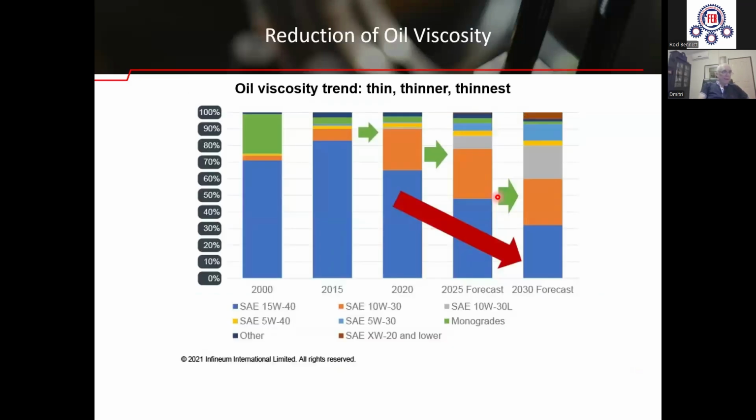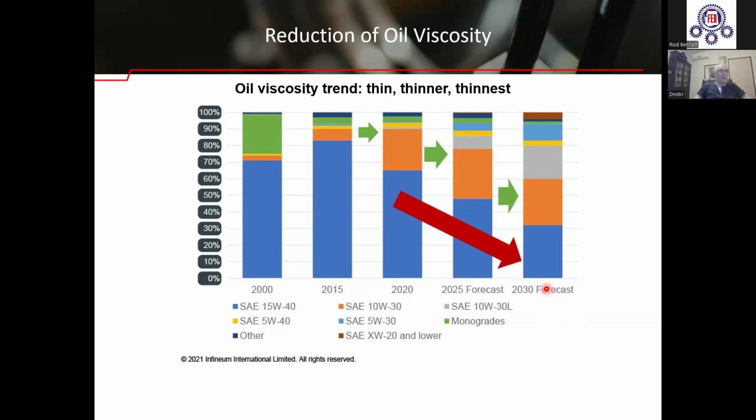Now about the reduction of oil viscosity. If you look at this chart, you can see the trend of using low viscosity oil grades, from the year 2000 to 2030. Engine designers persistently reduce the oil viscosity grade in newly developed engines.